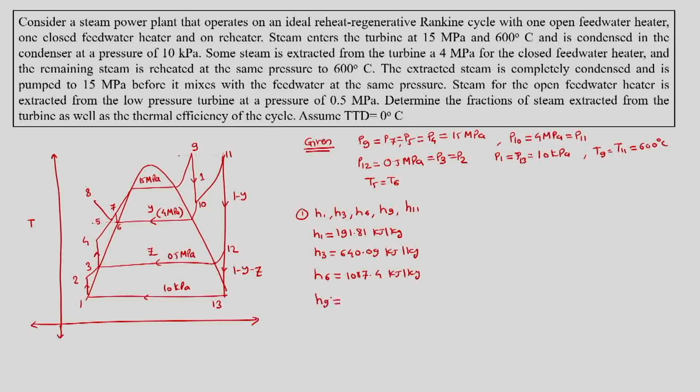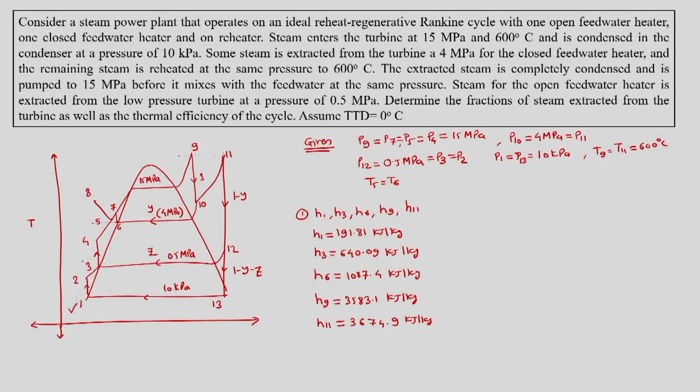Then we have H9, which is the turbine inlet enthalpy, 3583.1 kilojoule per kg. Temperatures are same, so H11 is 3674.9 kilojoule per kg.